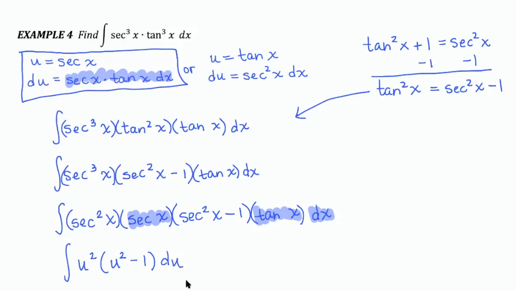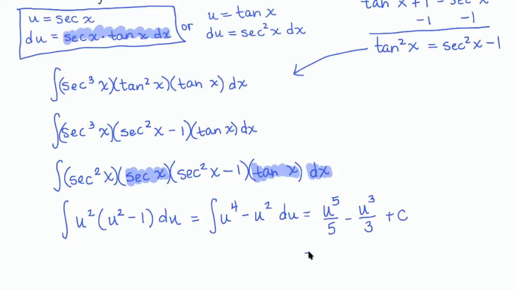And again, I've tried to show you kind of just going forward and trying stuff and making mistakes and having to go back, because that's what this is like. There's just no getting around that. So to finish, I'm again going to just distribute, integrate, and finish by putting your u substitution back.